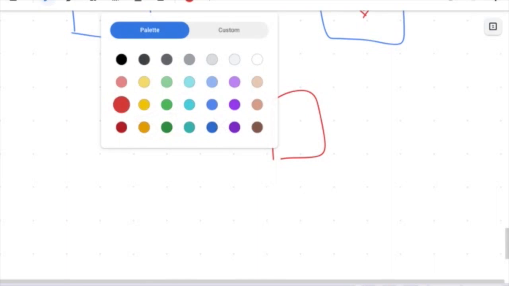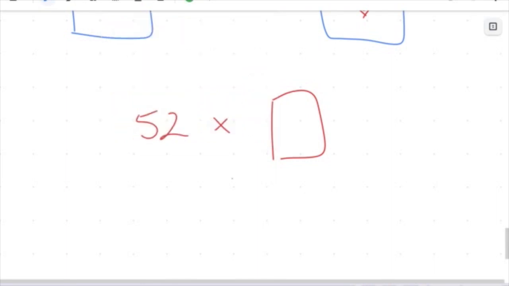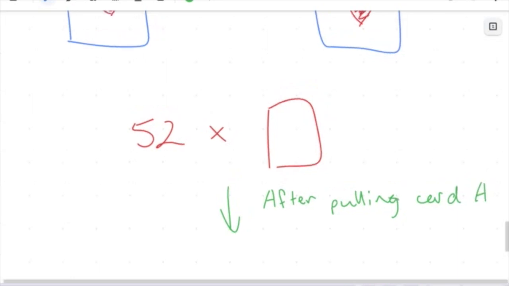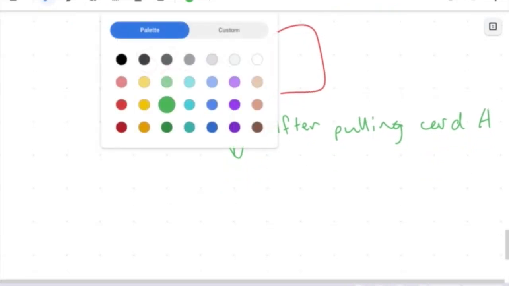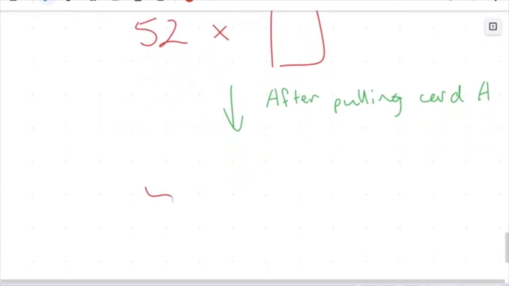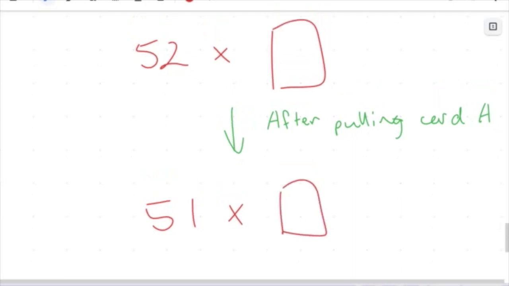After pulling card A out and not replacing it, how many cards am I left with? Well, I have 51 cards remaining.